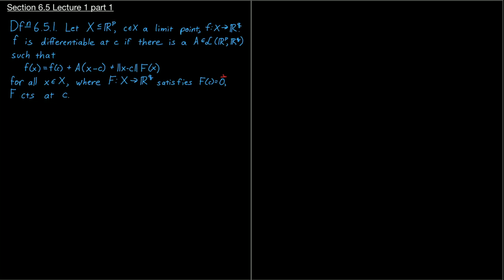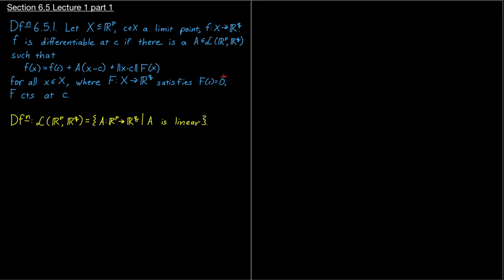One piece of notation you're going to see a lot in your book, we have indeed seen it in this theorem I have just written down: this script L of R^p, R^q, that's the set of all functions A from R^p to R^q such that A is linear under the usual vector space structure in R^p, R^q, where you add and multiply by scalars component-wise.